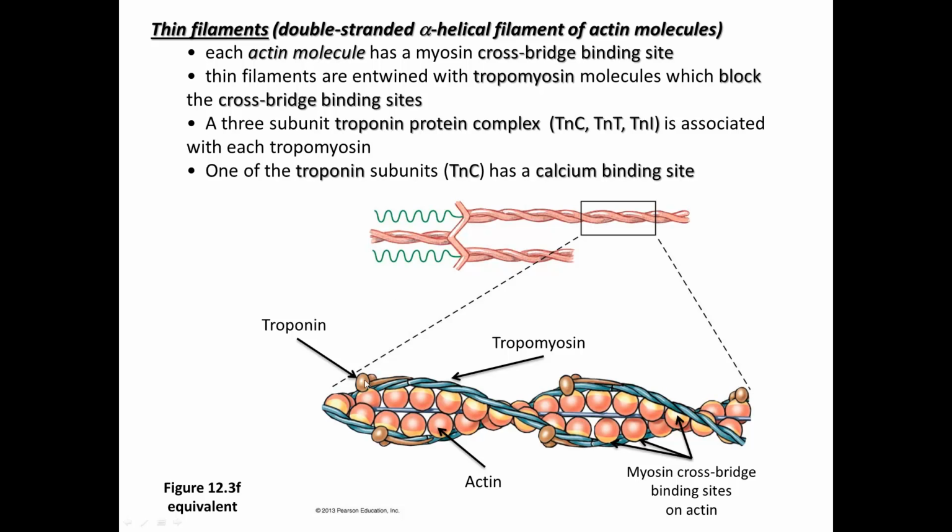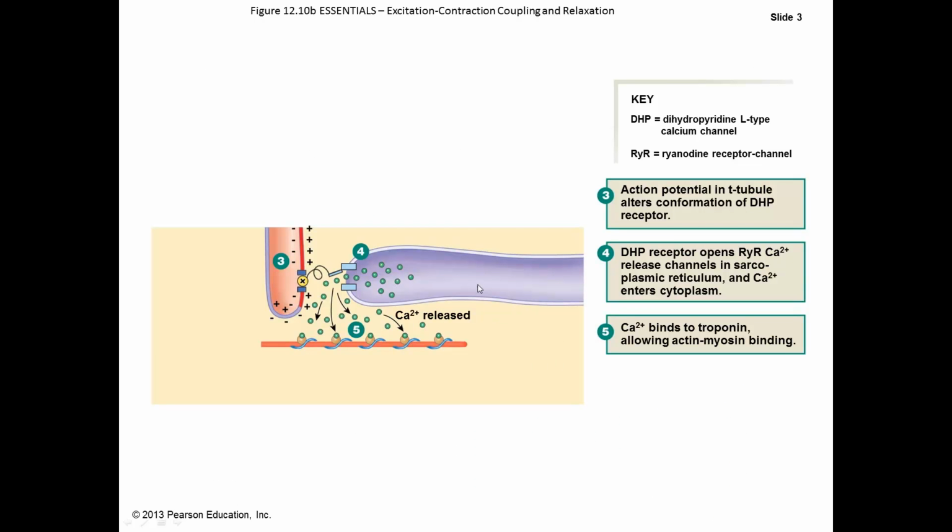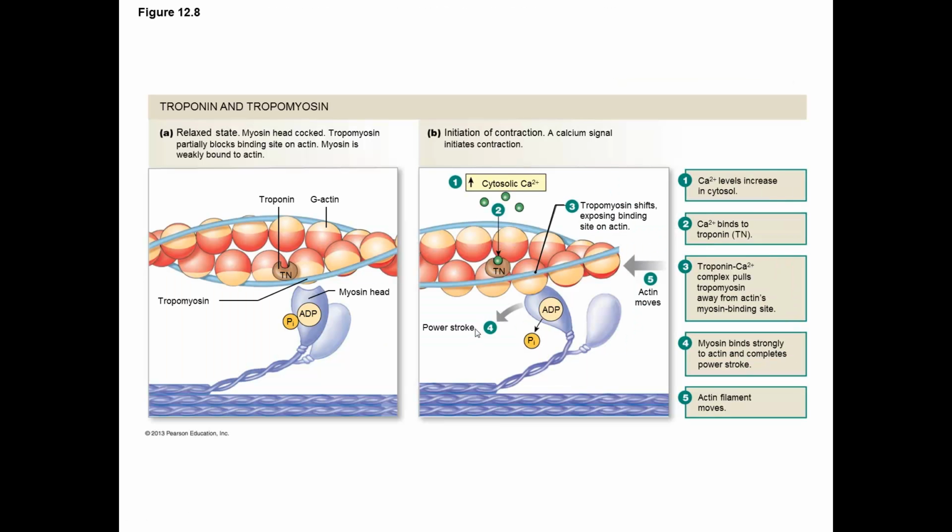However, when calcium binds to troponin, it causes tropomyosin to move more into the groove of this actin thin filament, this double-stranded alpha helical filament moves off of the outside edge into the groove, opening up that myosin binding site. So calcium is released, it binds to troponin, causes tropomyosin to move on the thin filament.